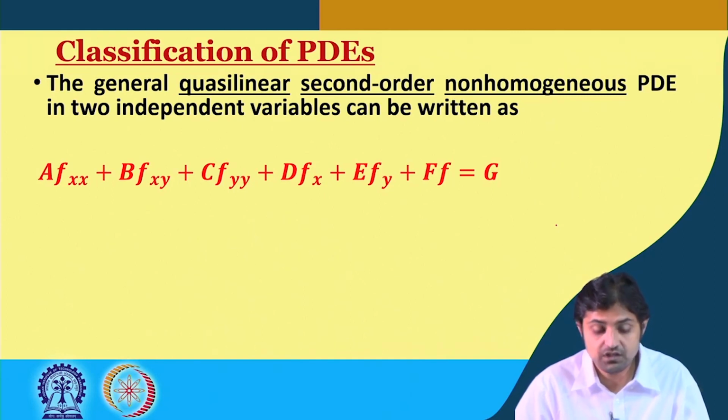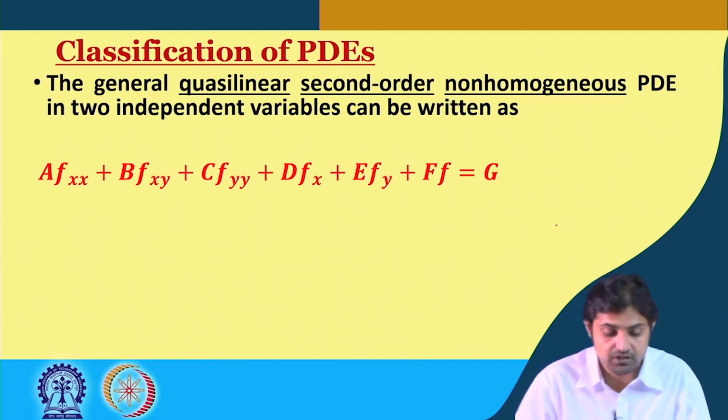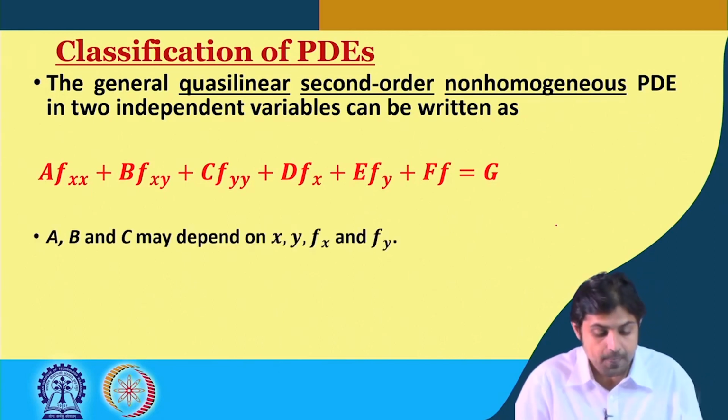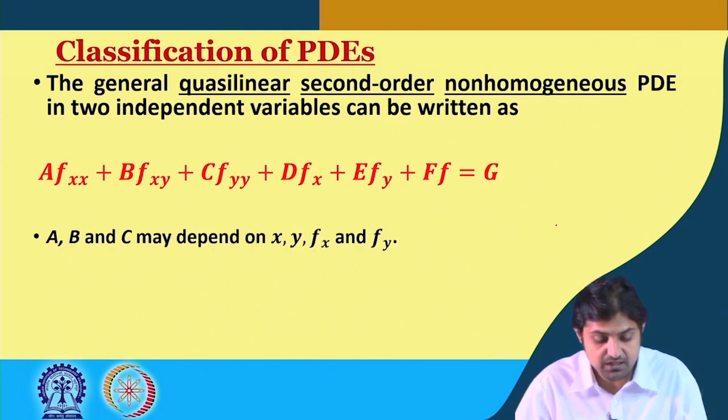This is a general quasi-linear second order, non-homogeneous partial differential equation. So, a, b and c may depend on x, y, f_x and f_y.